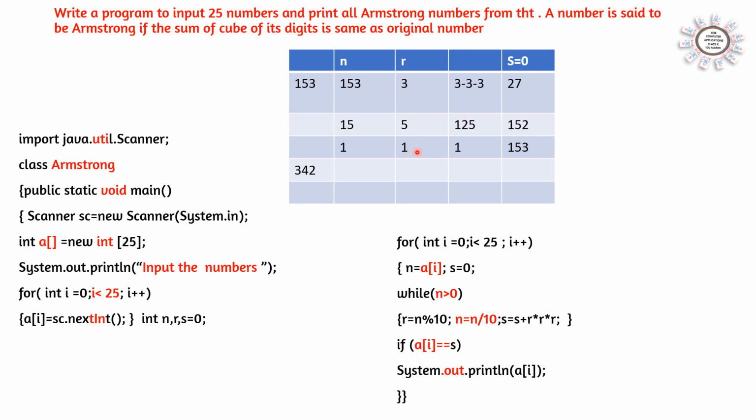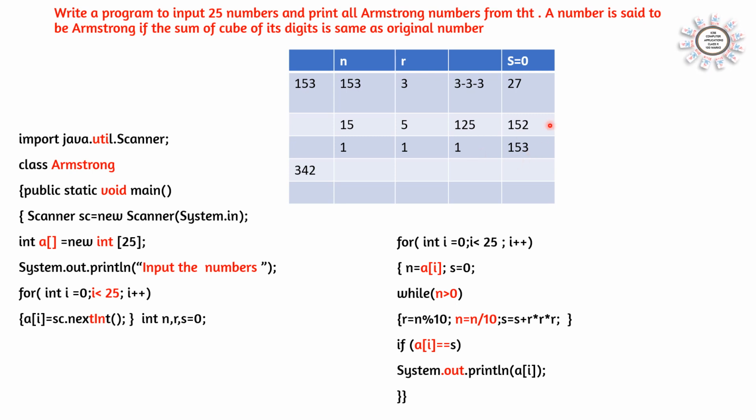If 3 digits are there, we have separated the digits, and now s is equal to s plus r into r into r. So first digit was 3, 3 cube is 27, 5 cube is 125, and 1 cube is 1. And now we are adding to s. 0 plus 27, the first cube, 27. 27 plus 125, it is 152, and 152 plus 1, it is 153.